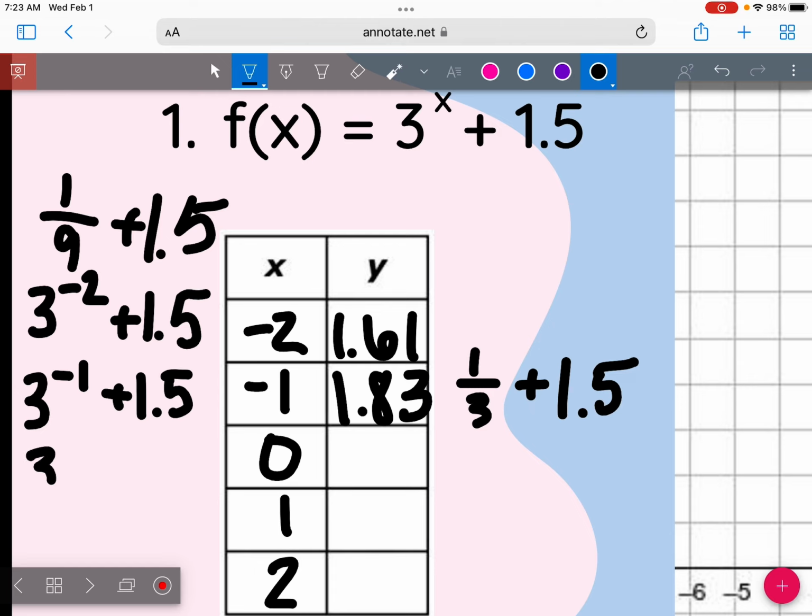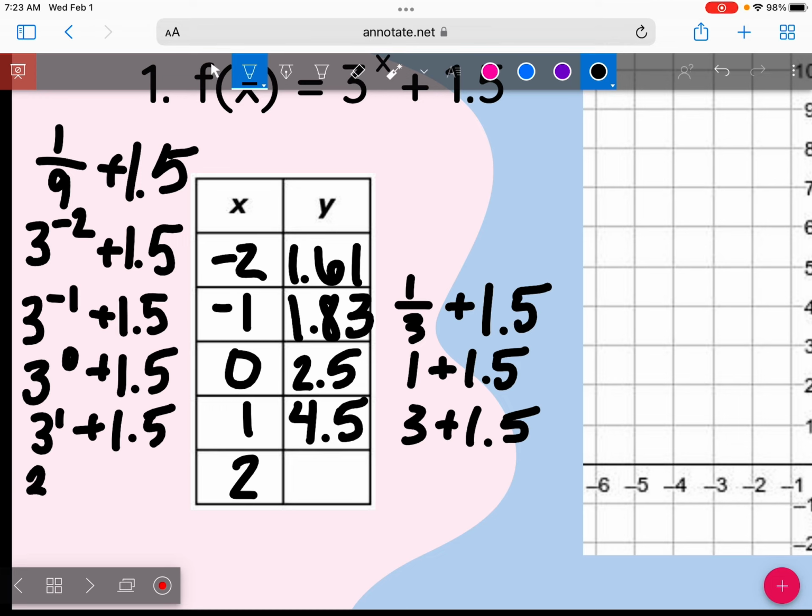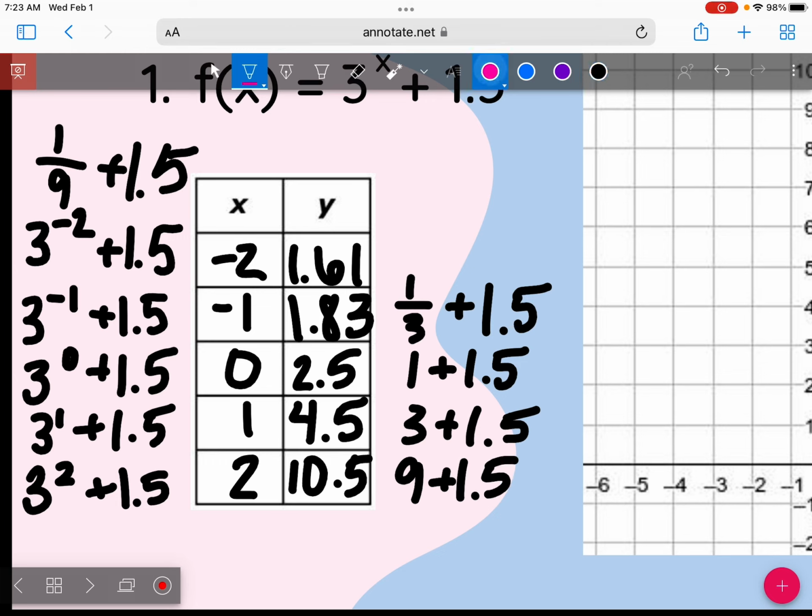Let me plug in 0. What do you get? It's also the same as 1 plus 1/2. 1.5, yep. If we plug in first power, that's 3 plus 1/2. Get 3.5. And then if we plug in 2, we get 9 plus 1/2, which you get 9.5. Okay?